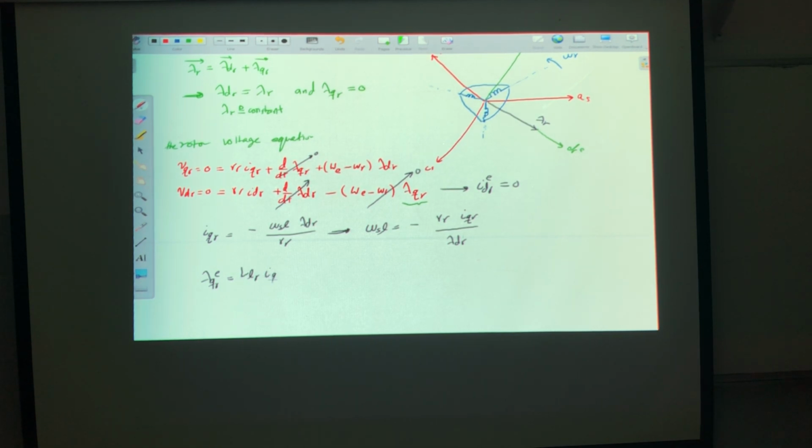LR IQR plus M, IQS, correct? Simply, it is the same: LM over 2, or 3 over 2.